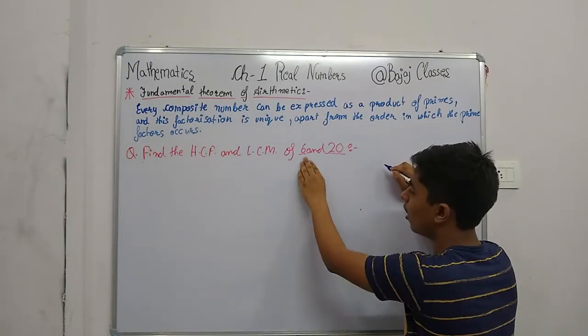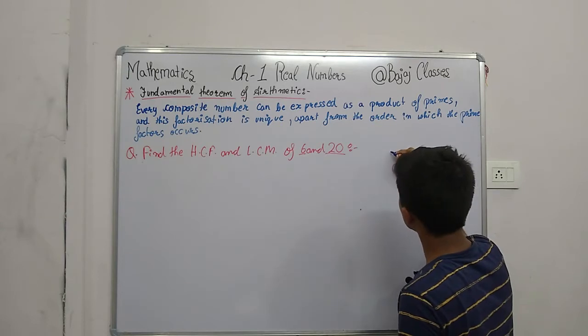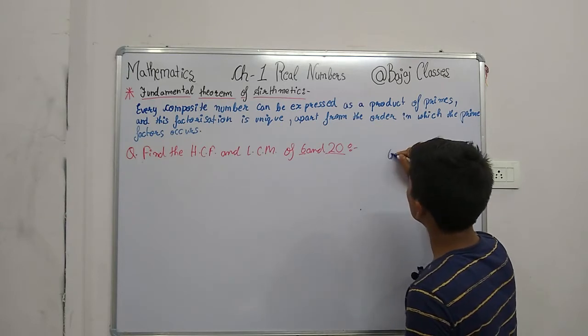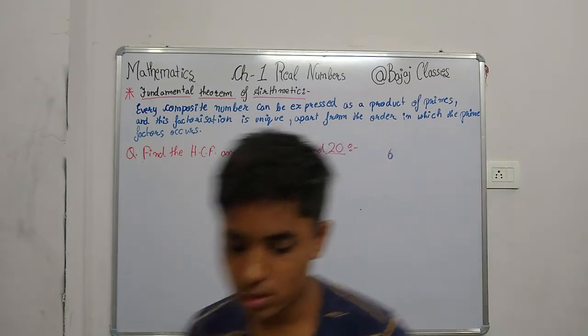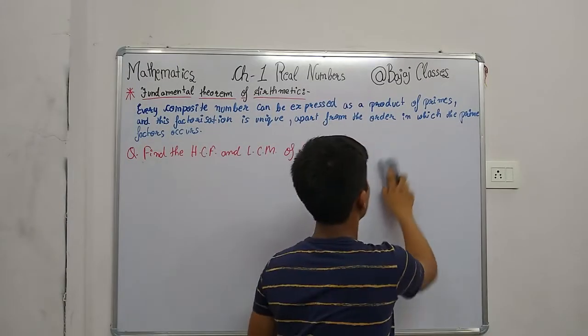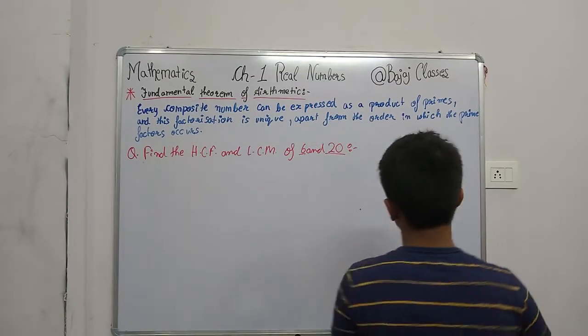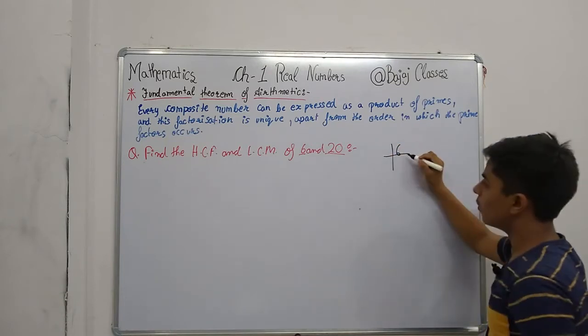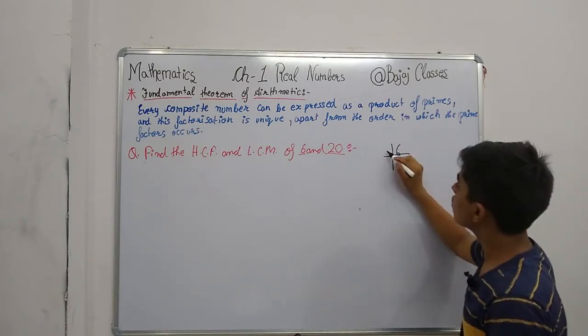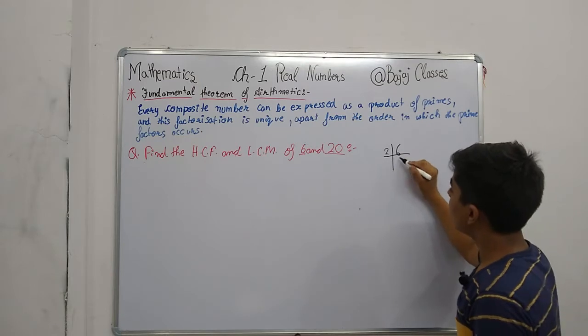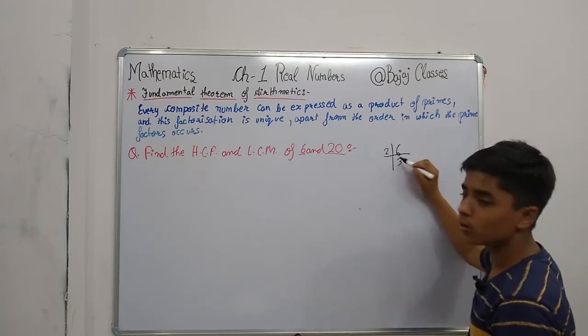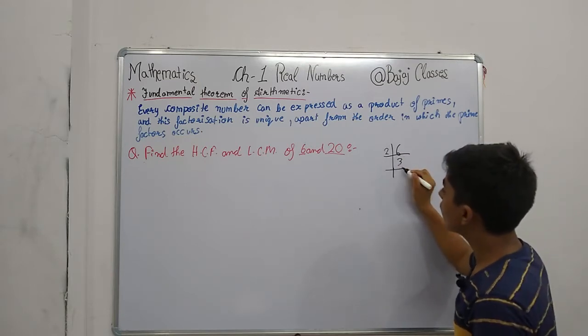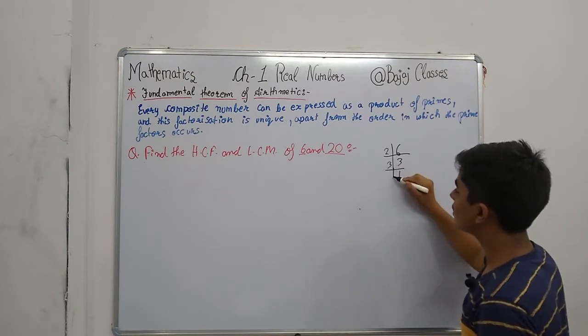If we want to find the factors of 6, what will we do? We will write 6 here and mark the factors of this 6. First 2 into 3 equals 6. Now 3 into 1 equals 3.